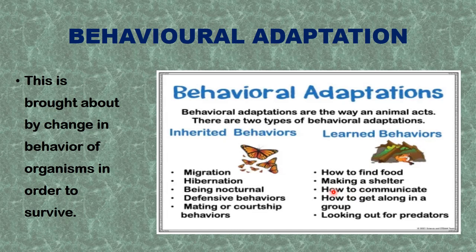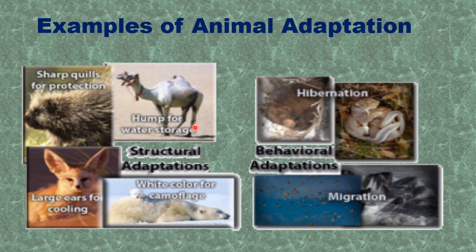Learned behavior: how to find food, making a shelter, how to communicate, how to get along in a group, looking out for predators. These are also another form of behavioral adaptation, which is learned behavior. Now moving along, we have examples of animal adaptation here.